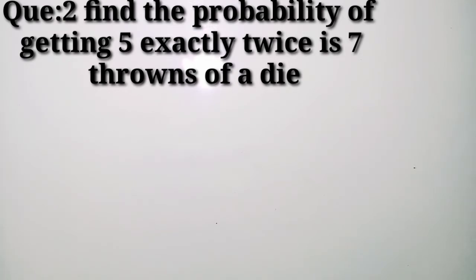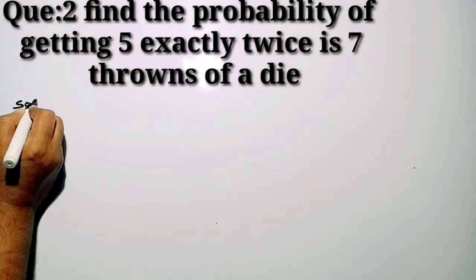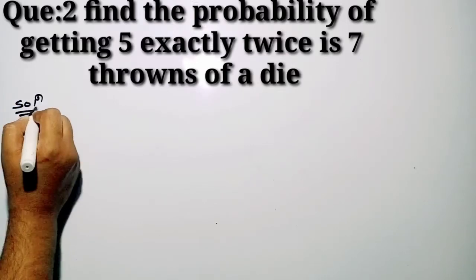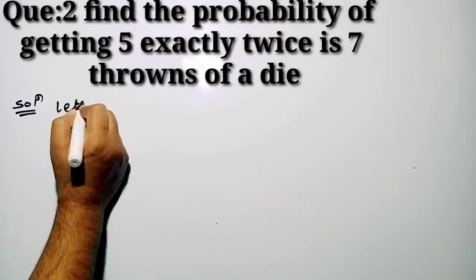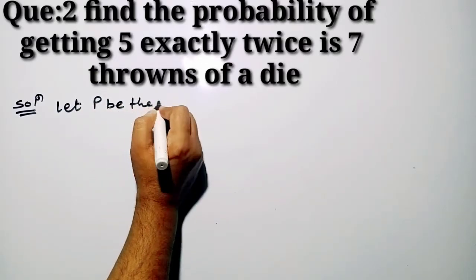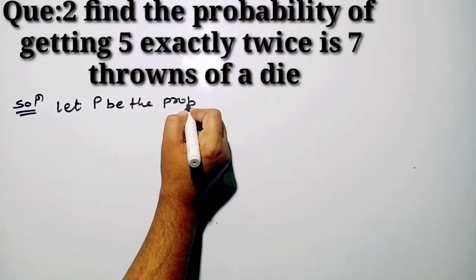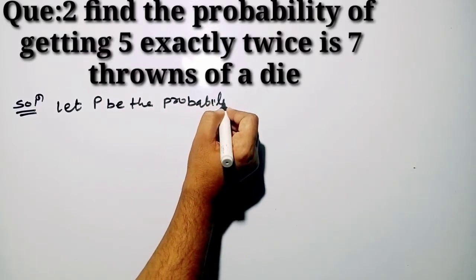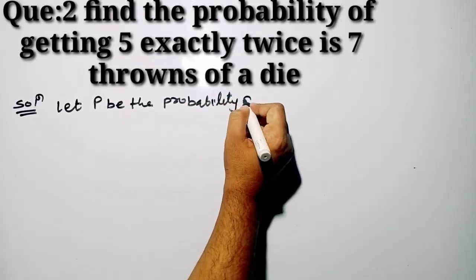Question number 2, find the probability of getting five exactly twice in 7 throws of a die. Right, students? What do you have to find out? You will have to find out the probability of getting five exactly twice in 7 throws of a die. So again, with a similar question, let P be the probability of success.